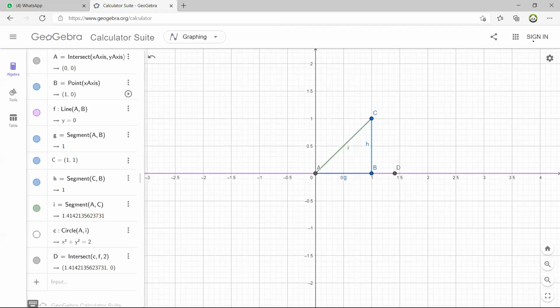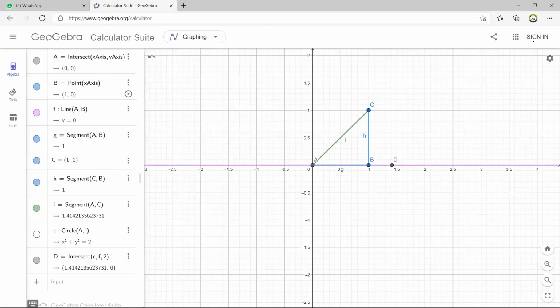Now, can we do the same for root 3? Yes, ma'am. Okay, what do you think we'll have to do for root 3, Mridula? Ma'am, the base is going to be 2 or 1. Okay, so if I want my hypotenuse to be root 3, then try this out.